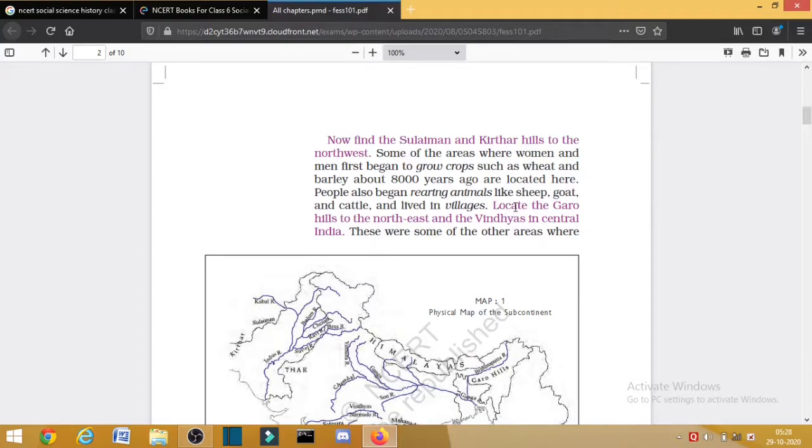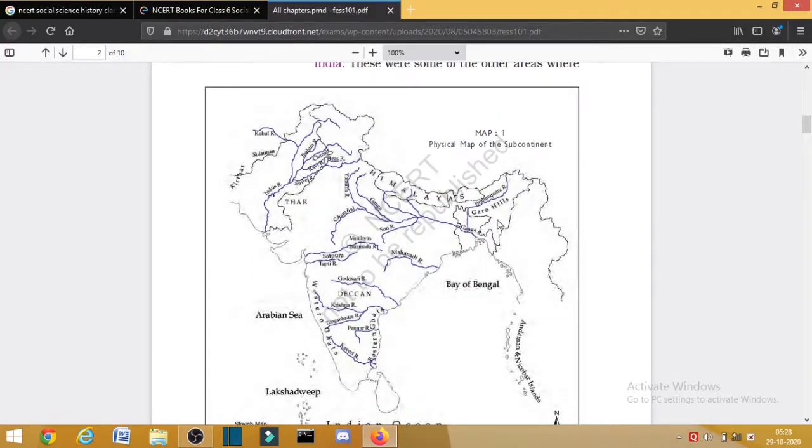Locate the Garo Hills to the northeast and the Vindhyas in central India. Garo Hills, it is in Shillong. So here it asks to locate this Garo Hills to the northeast and Vindhyas in central India.